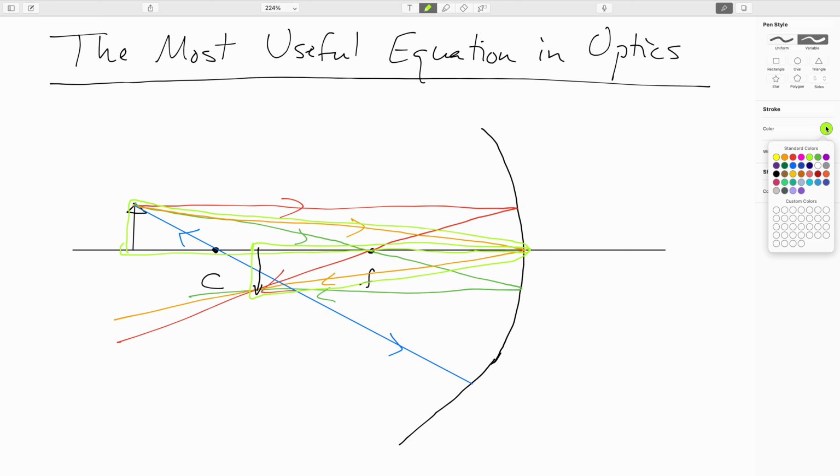Similarly, let me highlight it in purple. This triangle right here, made by the object and the center of curvature, is similar to this triangle right there, made by the image and the center of curvature. This angle is the same by alternate interior angles. That's a right angle, that's a right angle, so they're similar triangles.